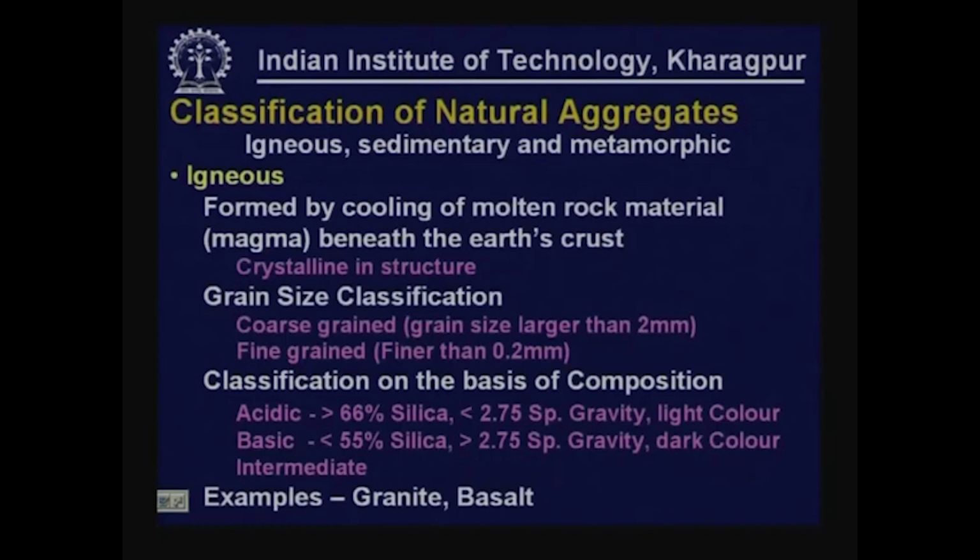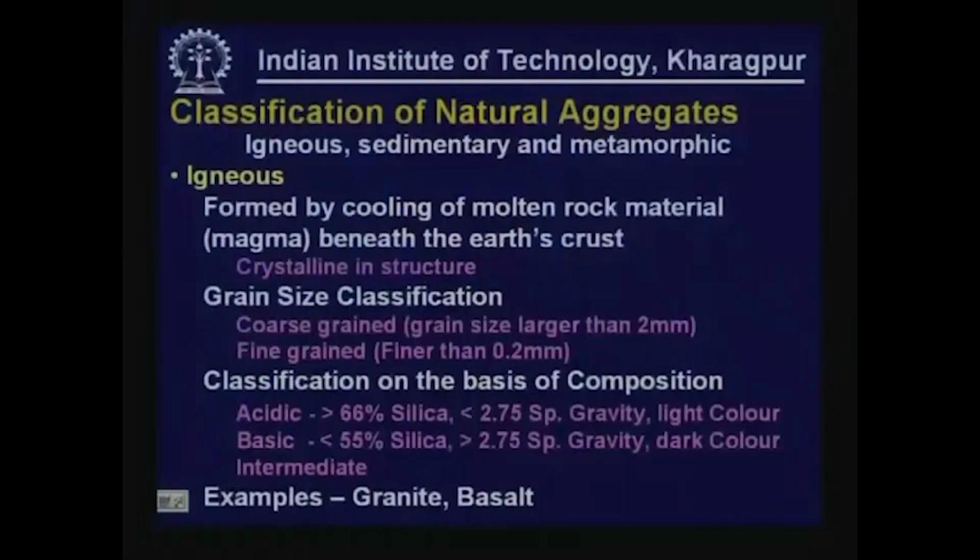Depending on the size of the grain, these are further classified as coarse grain rocks or fine grain rocks. In coarse grain rocks, the grain size will normally be more than 2 millimeter, whereas in fine grain rocks, the grain size will be finer than 0.2 millimeter.